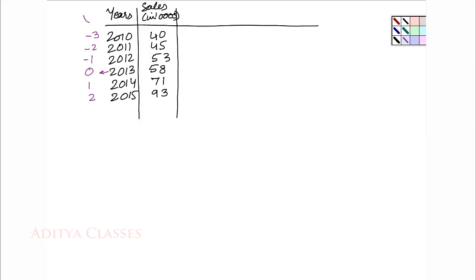Now if I call this my x, then when I sum it up, I'll get -3, and if we get -3, then the purpose of using deviations is lost, because the purpose was that if sigma x becomes 0, a lot of values will become 0 and the simultaneous equations get solved easily. So the purpose over here is lost.